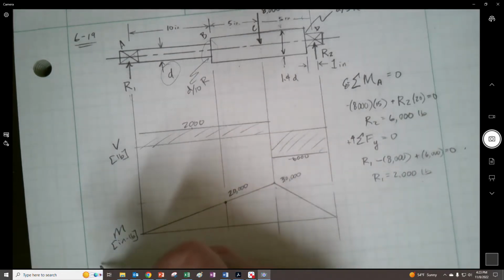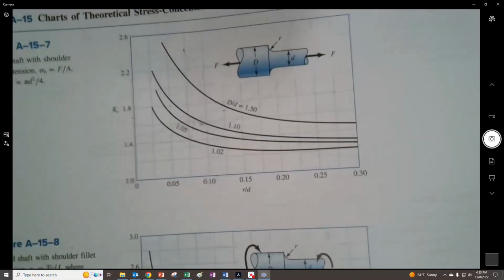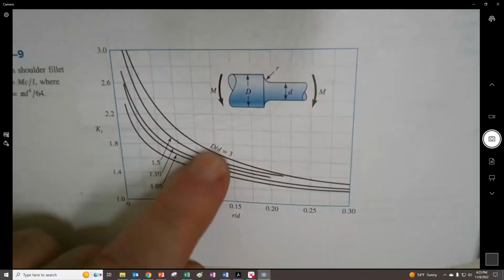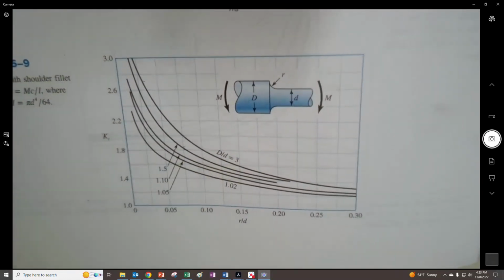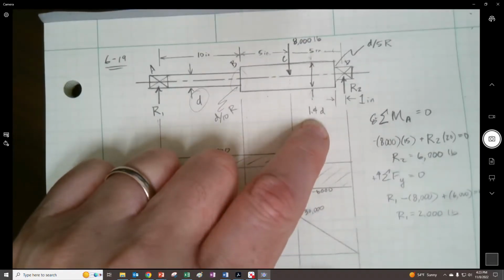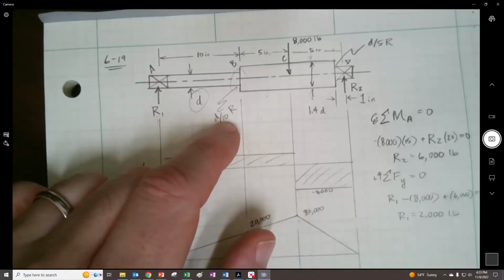Let me look it up first. Look up the graph, and there's a fillet in here, so that's going to be this type, and we're going to be bending, so it's going to be this one down here. We need big D over little d. Well, we were told that's recommended to be 1.4, right? And we're going to need 1/10, right?